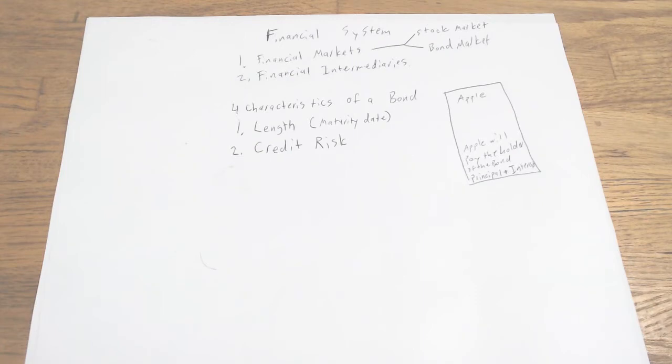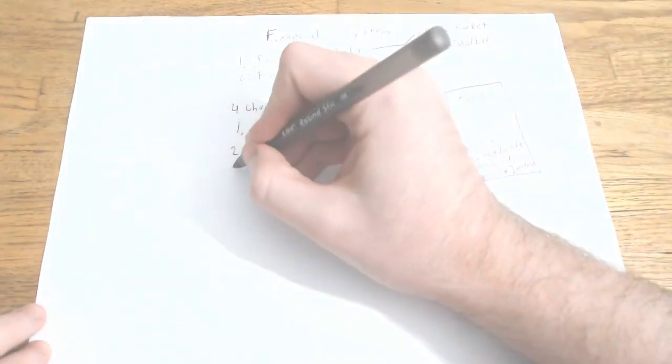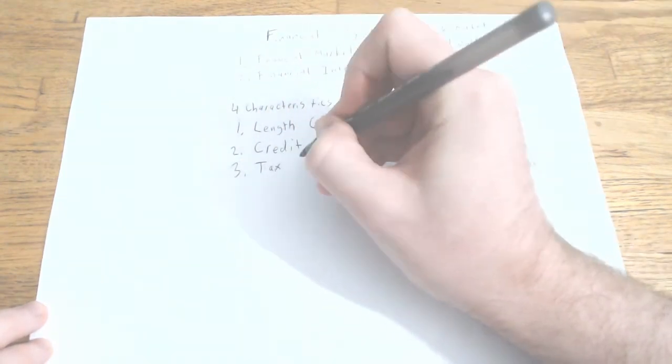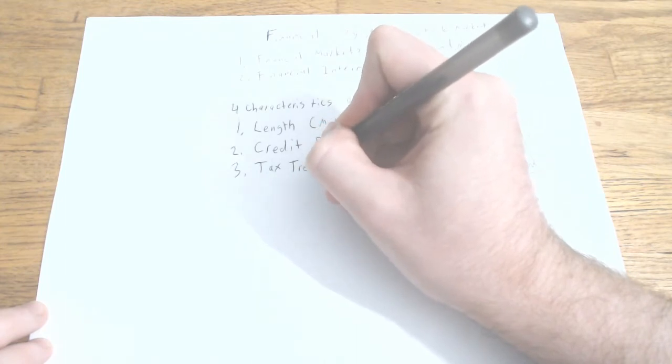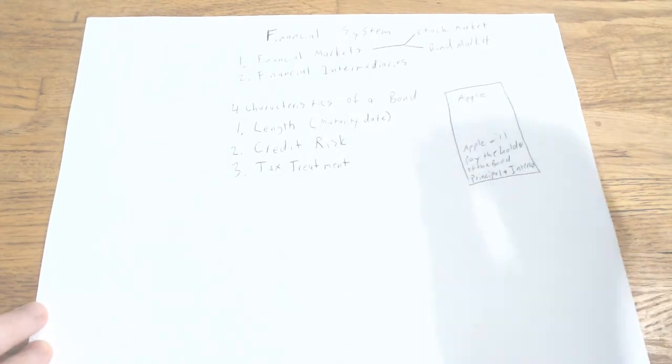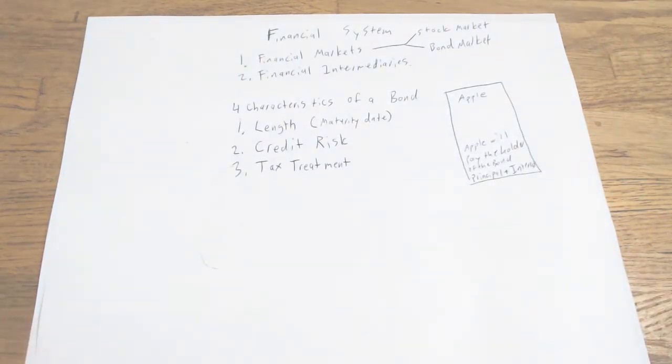The third characteristic of bonds we want to look at is tax treatment. Tax treatment might be important for how we view bonds. If the tax law treats the interest earned on bonds favorably, then that bond might be better than another bond.